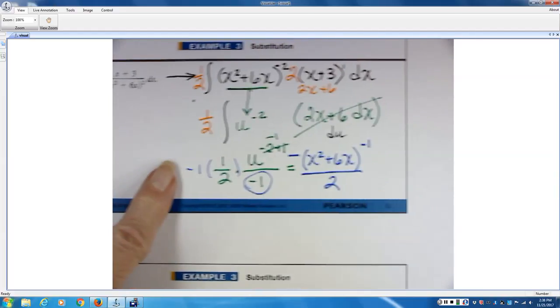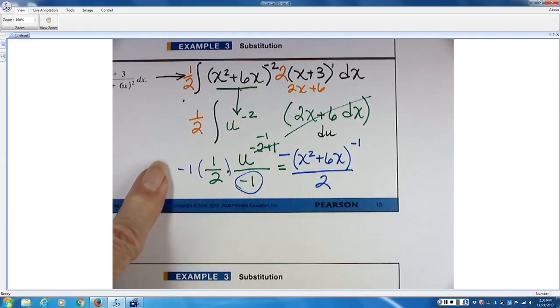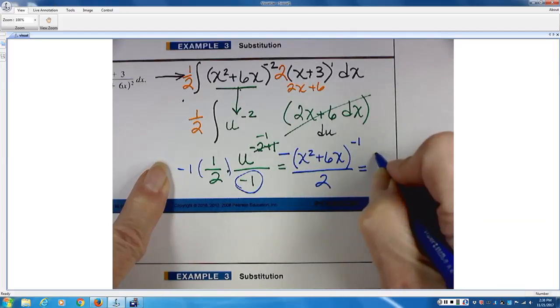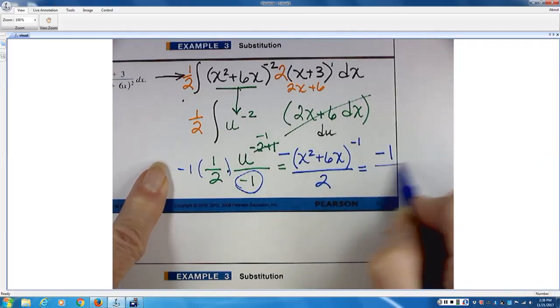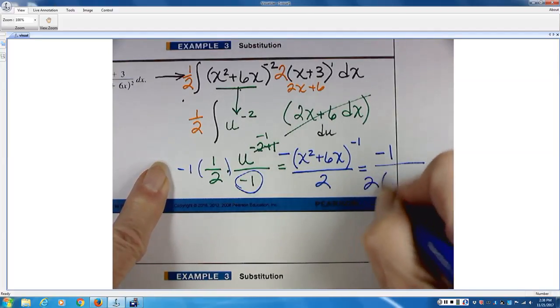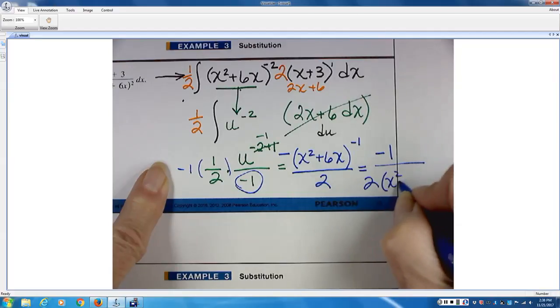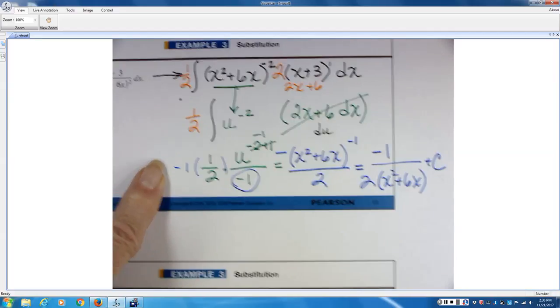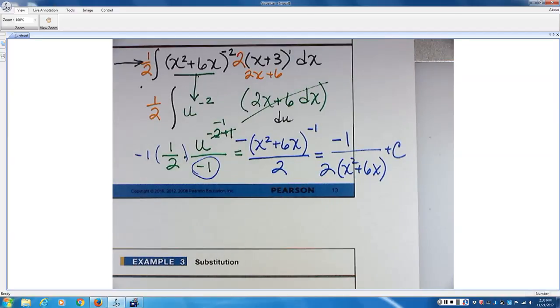Now that's not too hard to type in to my math lab, but the equivalent expression would be negative 1 over 2 times x squared plus 6x plus your constant. Either one of those would be fine.